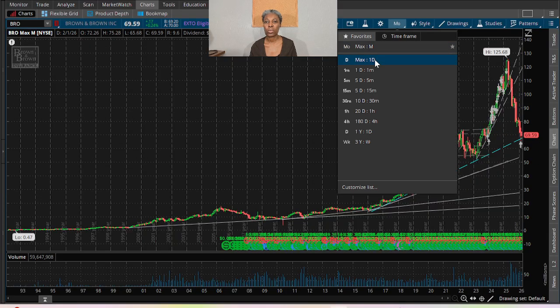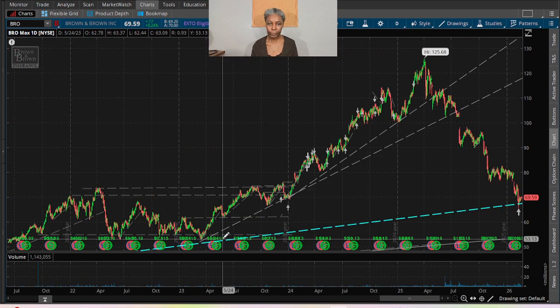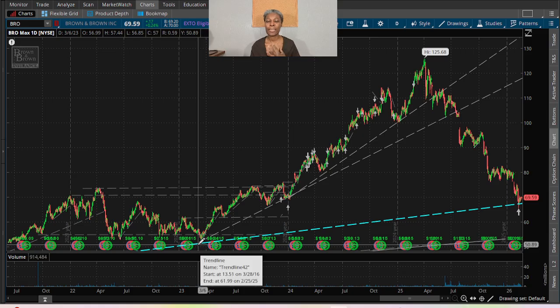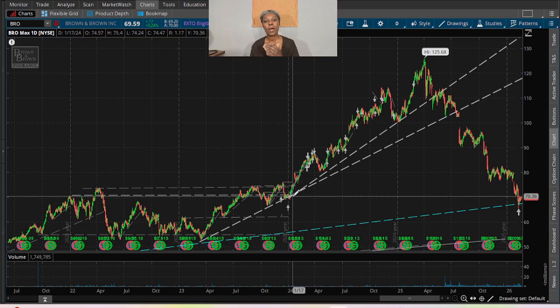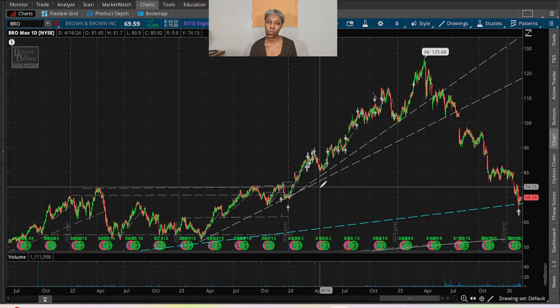When we go to the daily chart, I'm determining the valley line, and I want to connect those higher lows. But you can look for the higher lows around the upside wall of the mountain that the chart is forming as well.